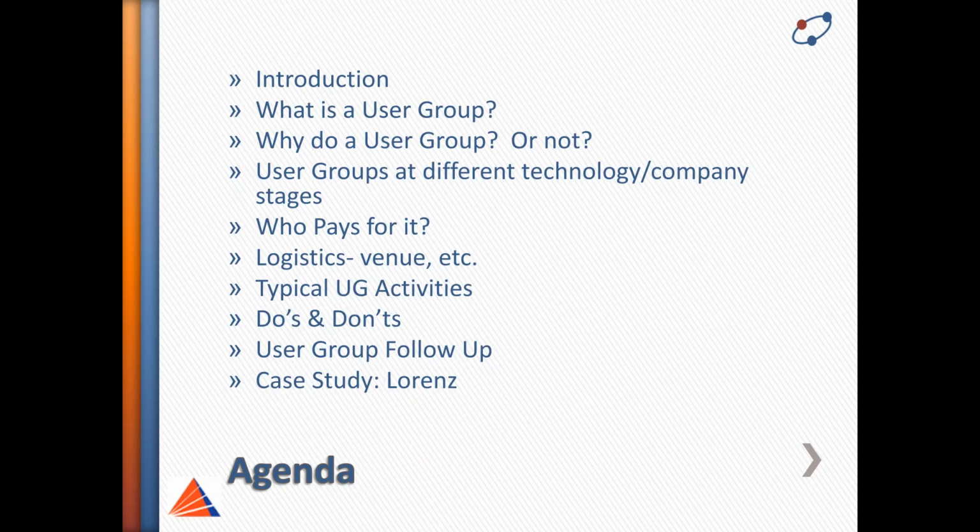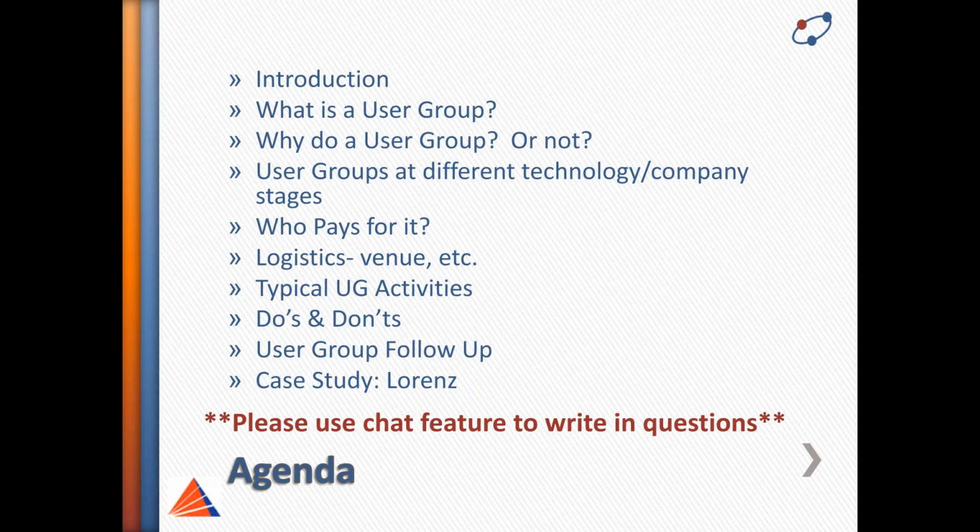And then the follow-up, like how to actually follow up a user group. And then we're going to finish with a case study. Lorenz was gracious enough to allow us to use them as an example. And we're going to talk a little bit about their recent user group that took place, I believe it was 2 months ago. So some really great takeaways from that, from a recent experience.